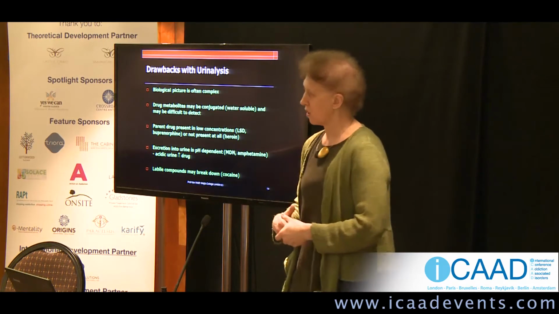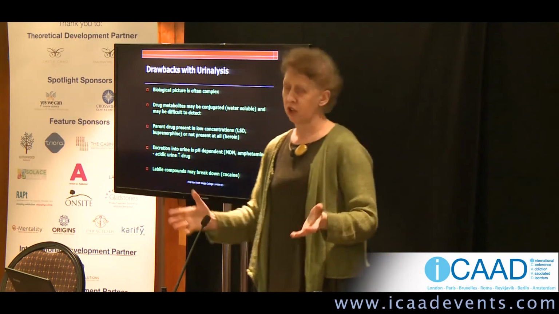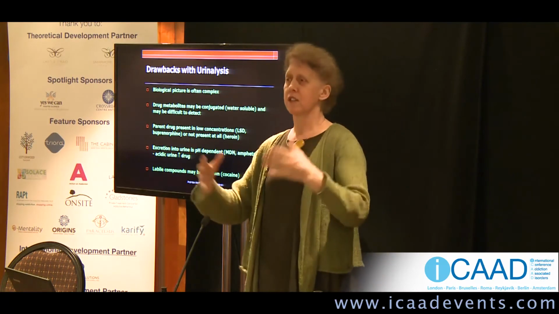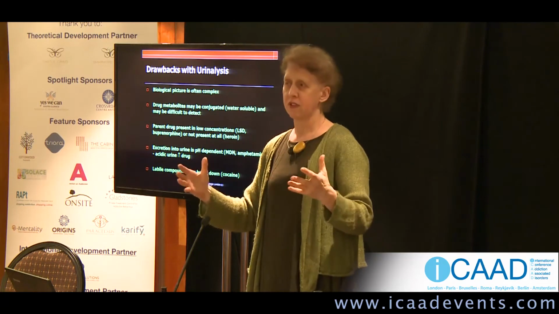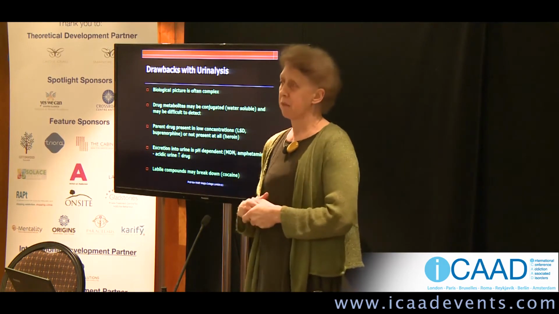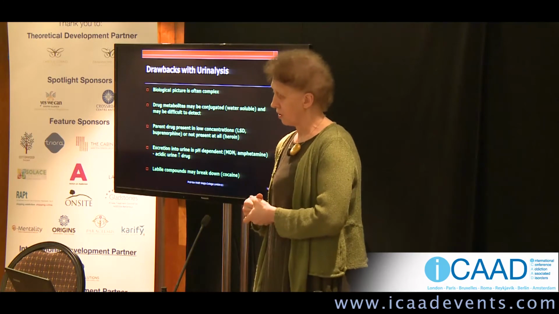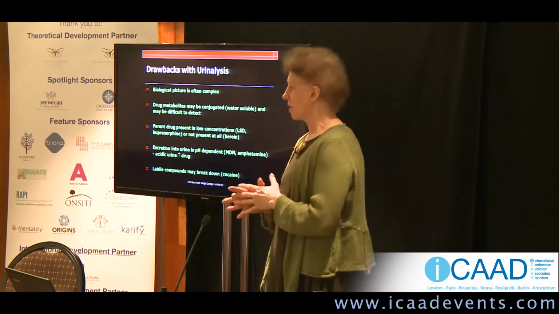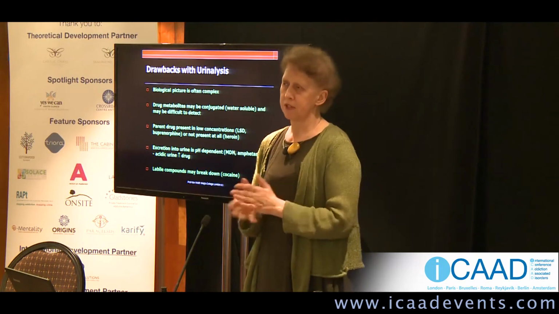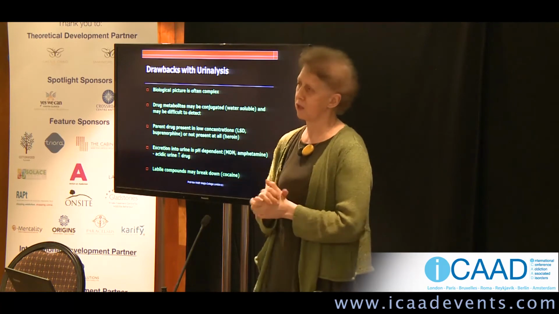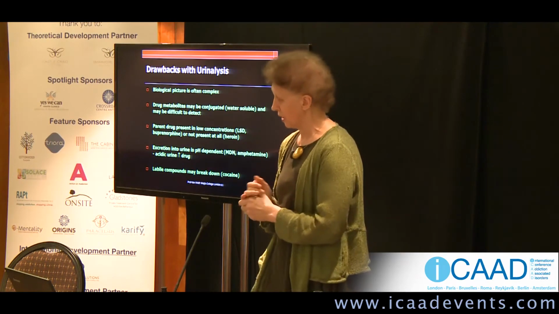So, some drawbacks of urinalysis. The picture is often complex. Drug metabolites can be conjugated and made water soluble and then difficult to detect in our tests. Parent drugs may be present in very low concentrations, etc. Sometimes the substance itself has a bearing on the type of analysis or type of matrix that we use.